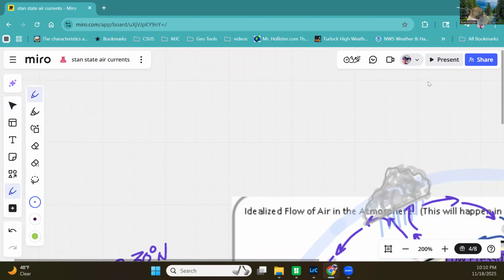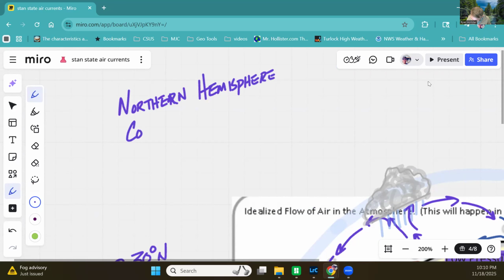In the northern hemisphere, Coriolis deflection, and that's that apparent spin, Coriolis deflection is to the right.